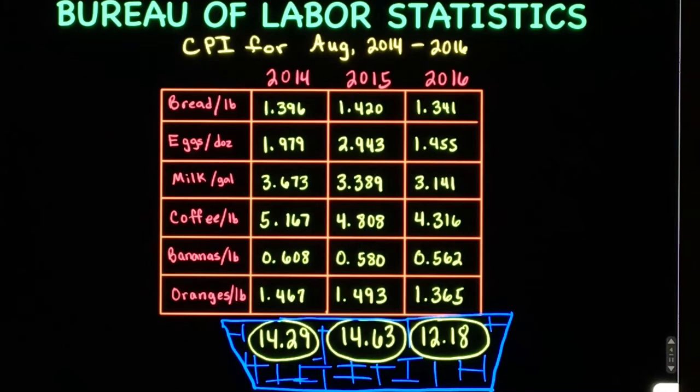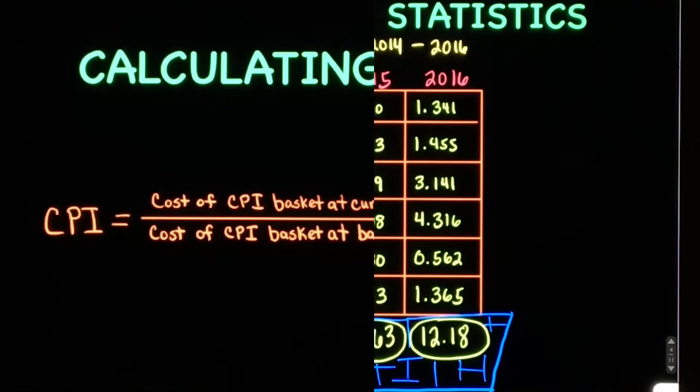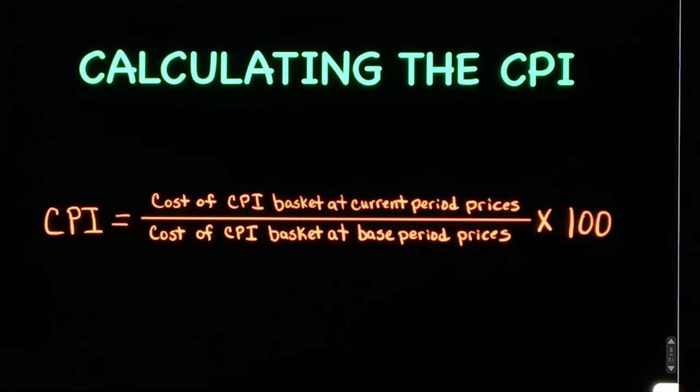The total cost of the CPI market basket for these foods in 2014 is $14.29, in 2015 is $14.63, and 2016 is $12.18. To calculate CPI, you take the cost of the CPI basket at current period prices and divide it by the cost of the CPI basket at base period prices, multiplied by 100.